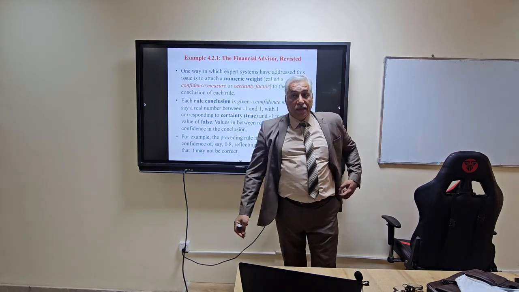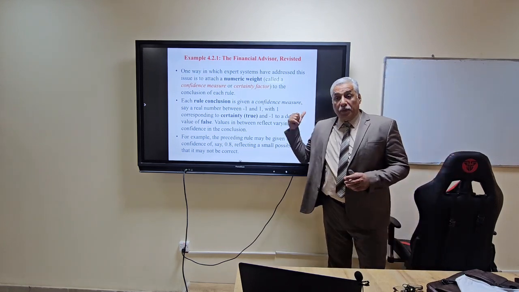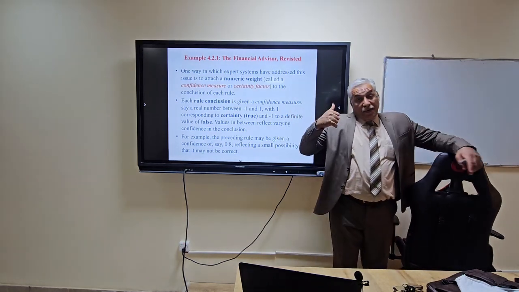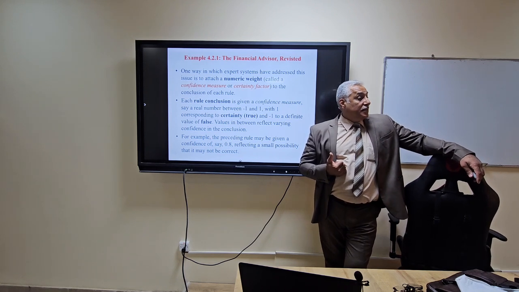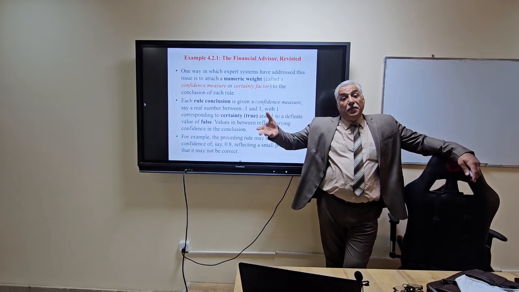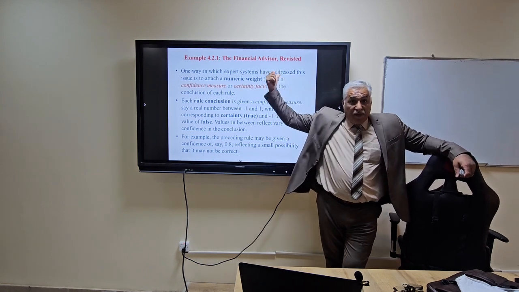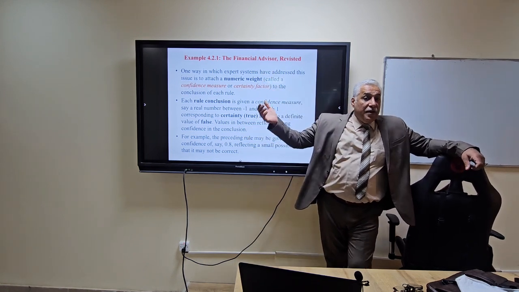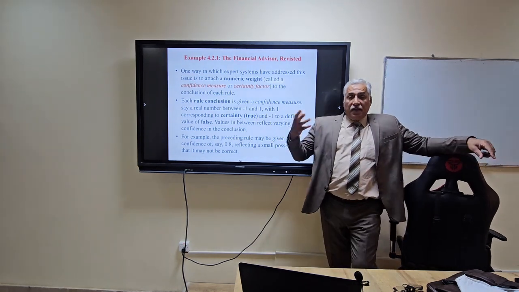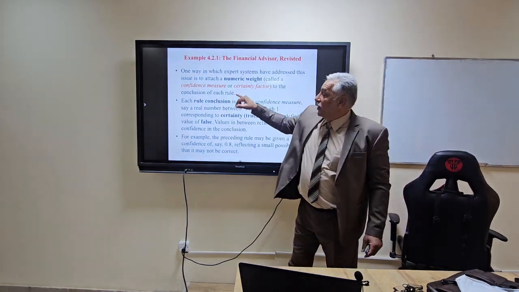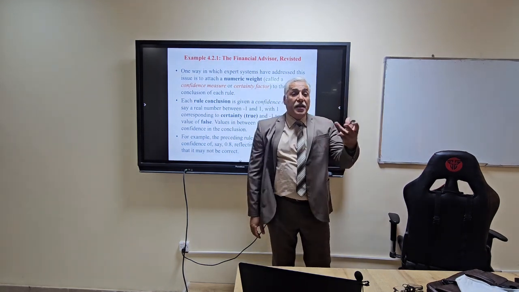factor. Now, if we solve this problem of the financial advisor, the evaluation function will have, in addition to these factors I mentioned in the previous slide, another factor called confidence measure or certainty factor, and this is represented by a number.